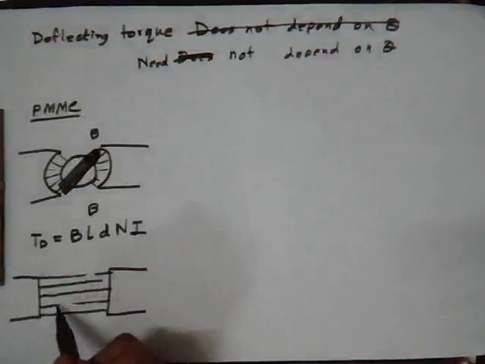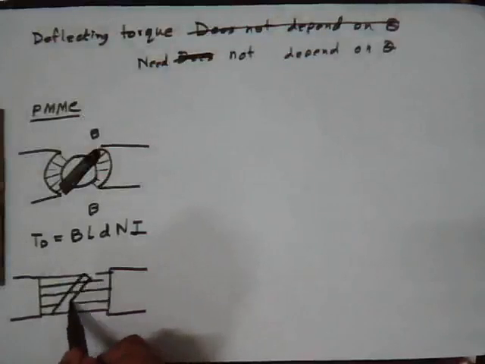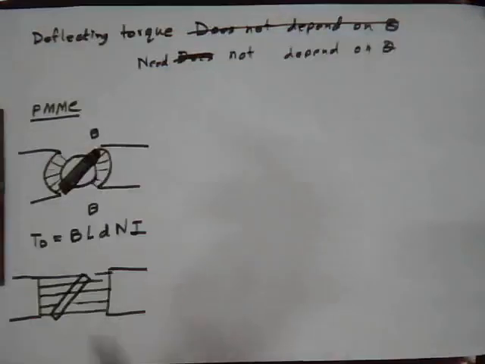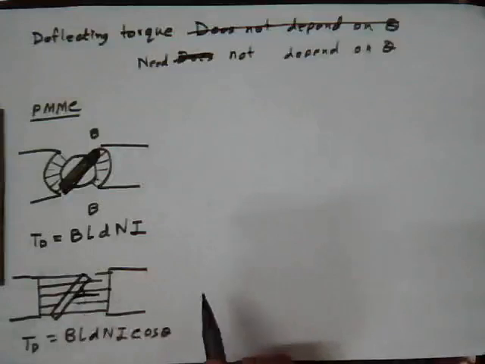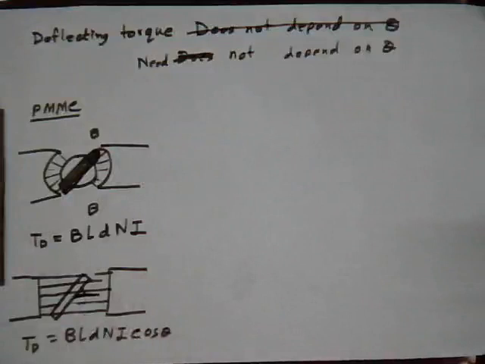In that case, the torque Td is equal to B L D N I cos theta, where theta is the angle from this line. So in this case, the deflecting torque is a function of theta.